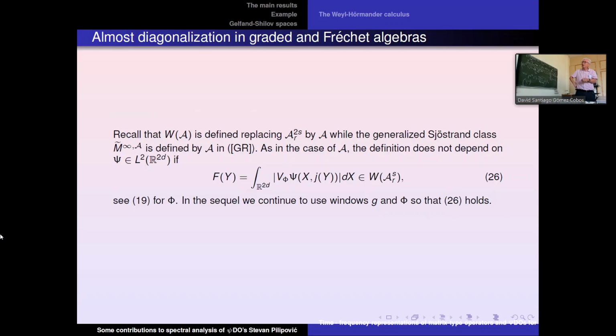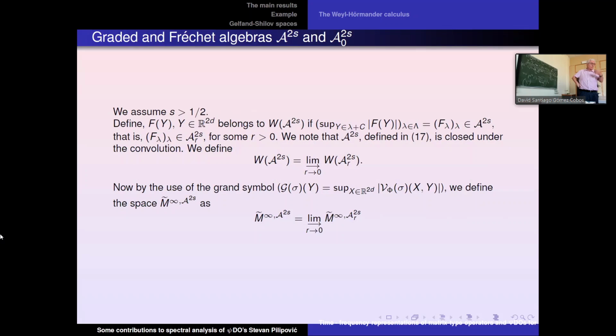And maybe I will not repeat this. This is somehow difficult to prove, but sometimes it's important that your theory does not depend on the window. And so now I did this as projective limit, as inductive limit. So this is an inductive limit of Wiener type spaces, with all the good properties which I will not tell anymore.